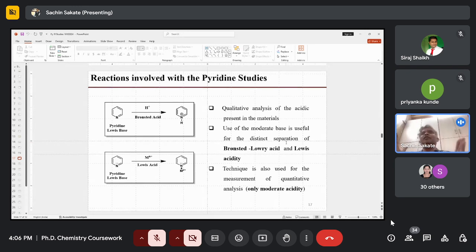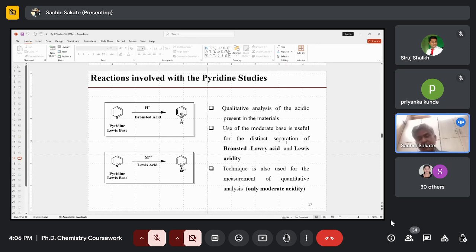It's not quantitative. But I would like to add at the end of the discussion that it's not only qualitative, it can be quantitative. We are the second who have reported the quantitative analysis by using the Pyridine IR studies.